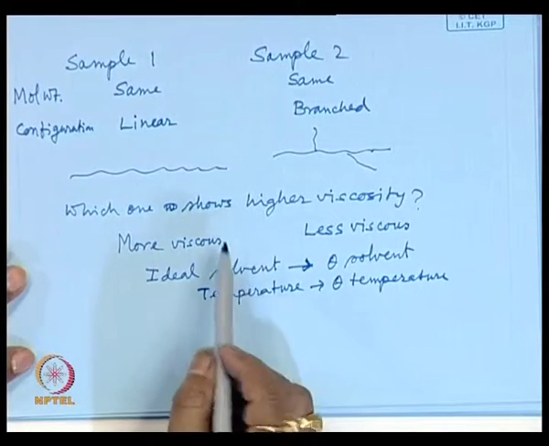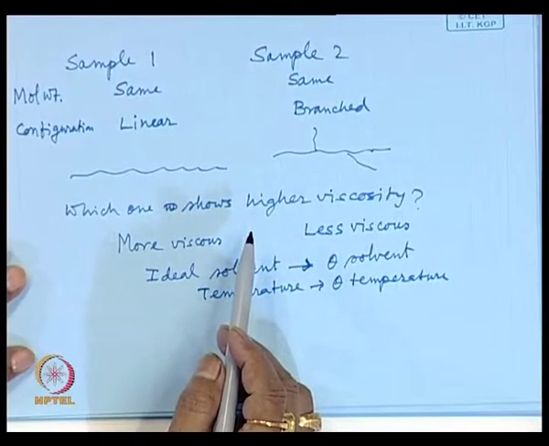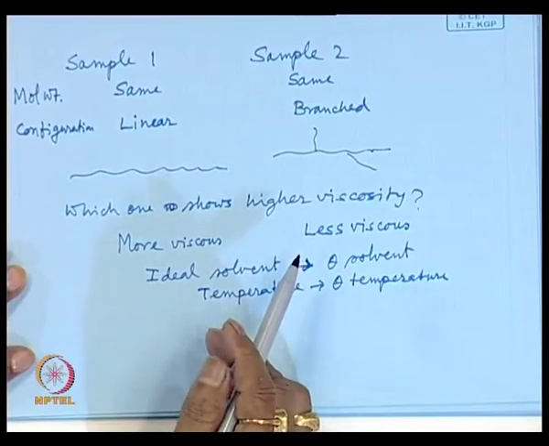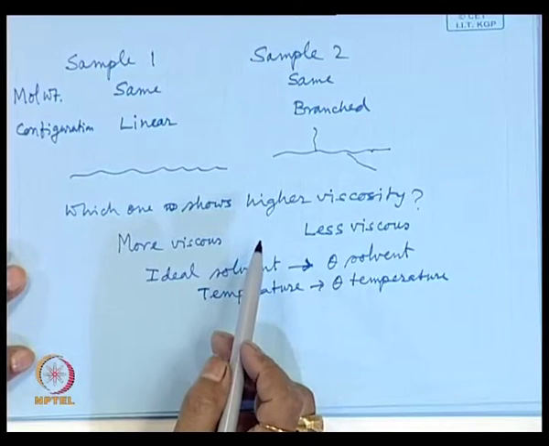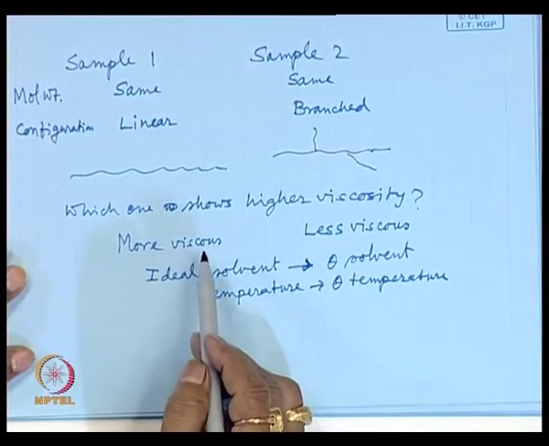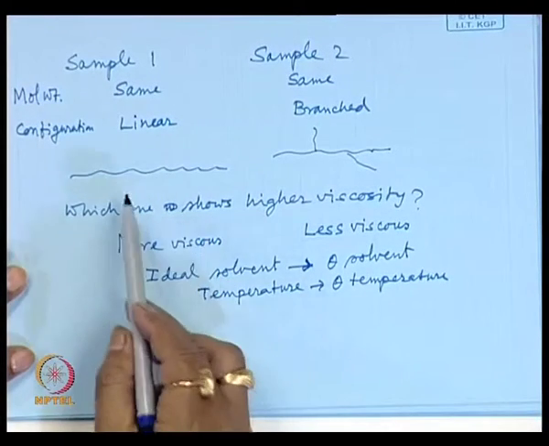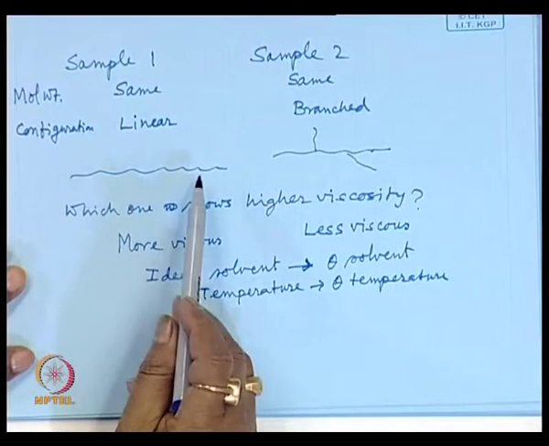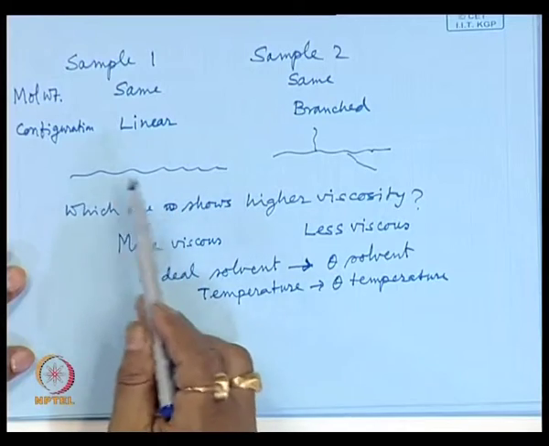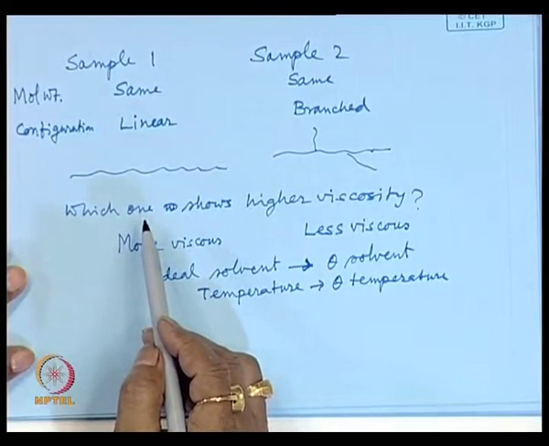I have not got the answer to this question, which one will be more viscous. Probably I have to say, because you have just opposing answers, so I have to solve the problem. This sample 1 will be more viscous. The reason is, in case of ideal solution or very dilute solution, this molecule is free to gyrate or rotate during movement through the capillary.